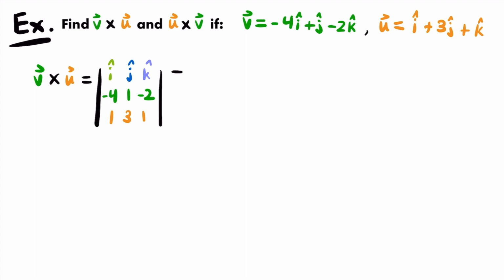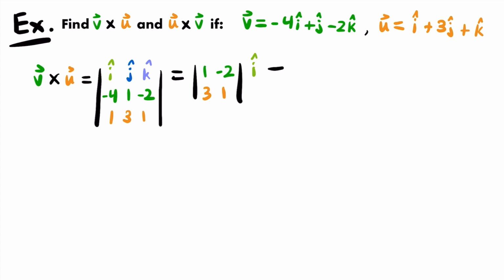Okay, and so now let's calculate our determinant here. We're going to start by looking at vector i. We're going to cross out the row and the column that that vector is in, and the remaining values will make up our 2 by 2 determinant. So we're going to have a determinant of 1, -2, and then 3, 1, and that is going to be multiplied by vector i. Then we will subtract. Remember, you always subtract the second term where you're going to be multiplying by vector j.